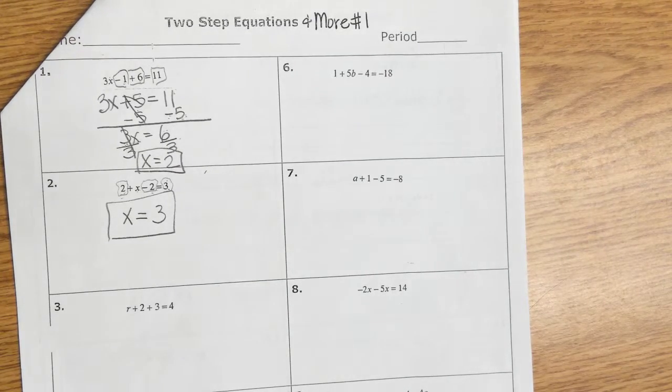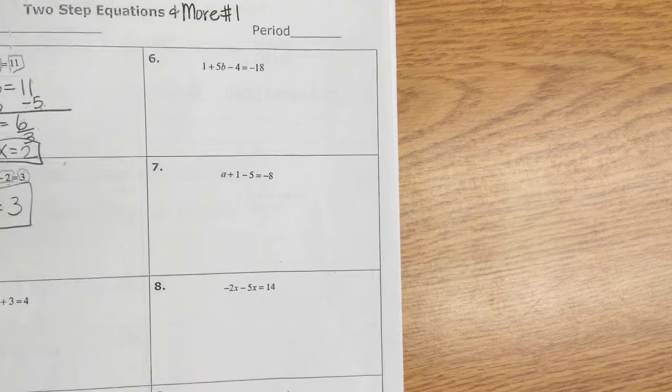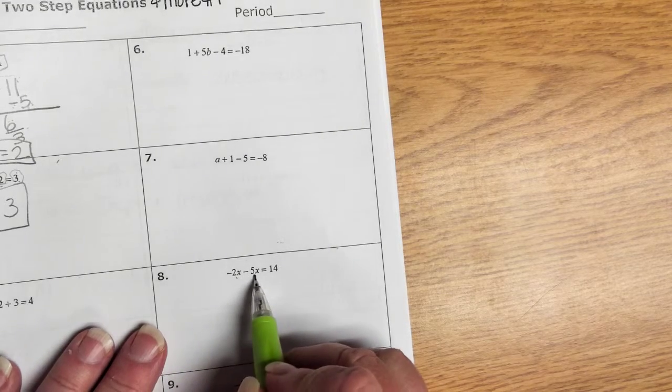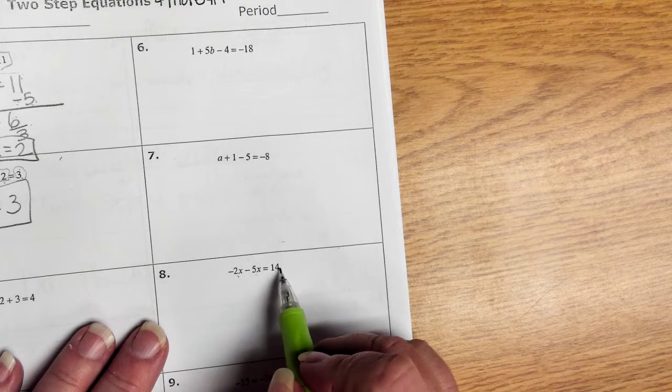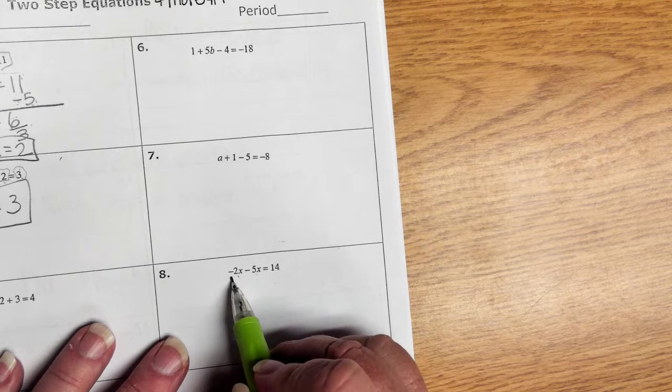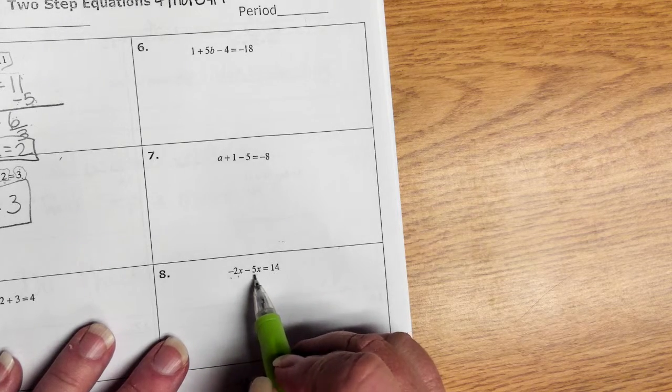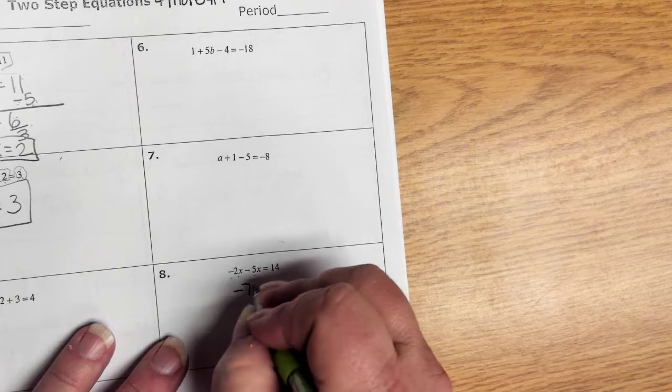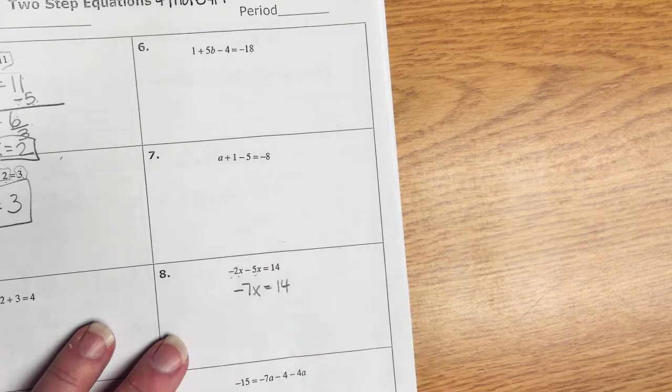Let's look at number 8. We have 2 variables this time and a constant on the other side. So all I need to do is combine my -2 with my -5, and I end up with -7x is equal to 14.